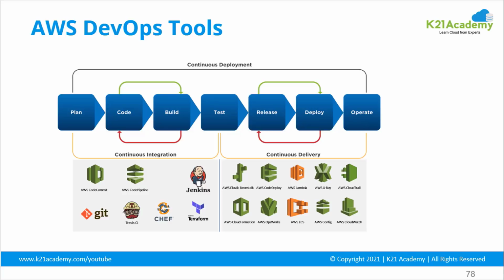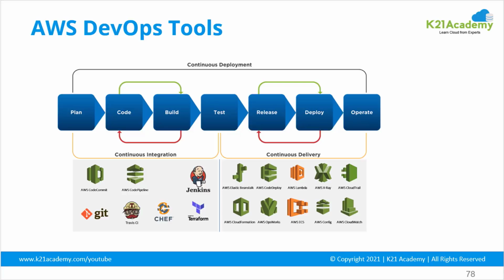Depending on the industry in which you're working, there are some tools which will be used, like Git, which you see here, for the code repository. This is where your developers will develop and store their code. Something similar in AWS is called AWS CodeCommit, which works exactly like Git. You can use CodeCommit, which is on the AWS Cloud.